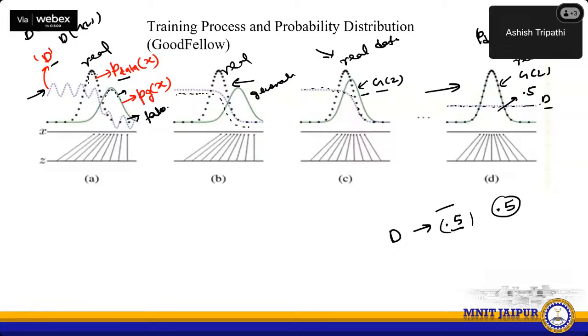So at this point it is quite clear. What is the D value? The D value is equal to 0.5. The D value is the probability value in the last layer, so its value is between 0 and 1. At this point, the D value is equal to 0.5, and the discriminator is not able to discriminate between real and fake images. I think you have got till this point.